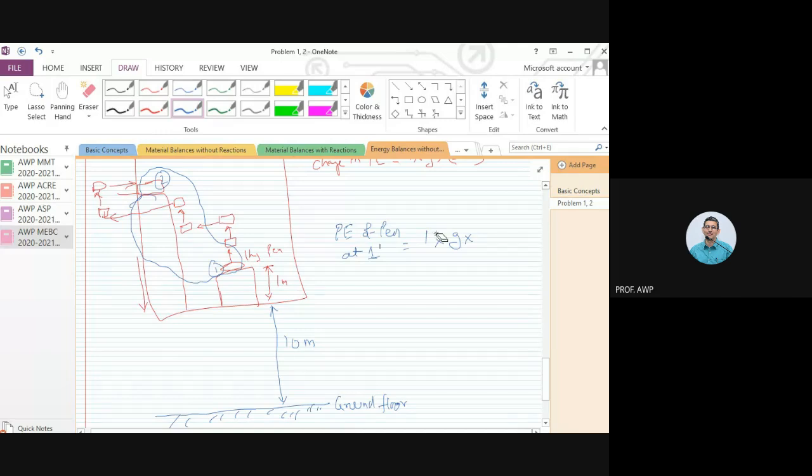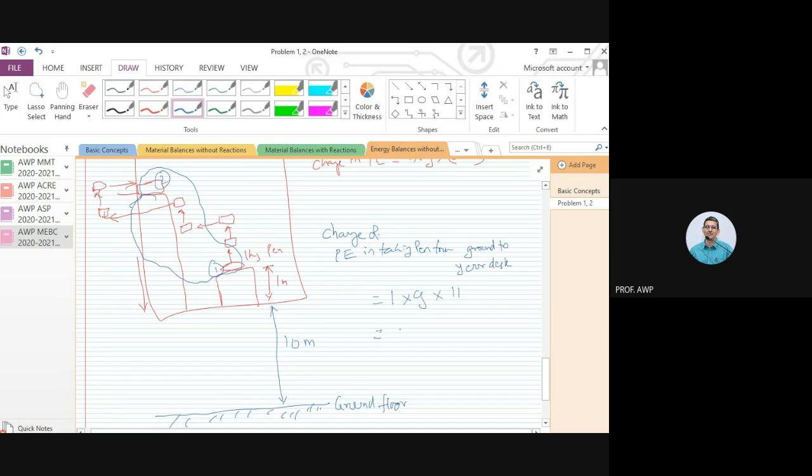It is the same as the change of potential energy in taking the pen from ground to your desk. This would be 1 kg into g into 11 meters.